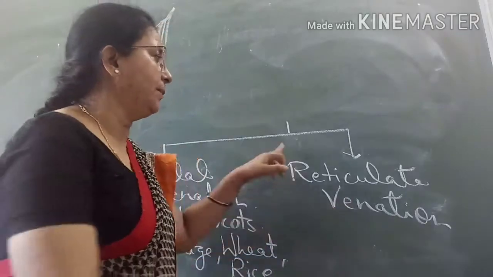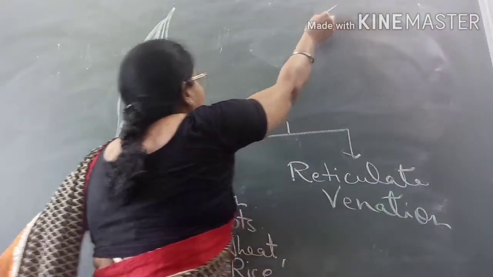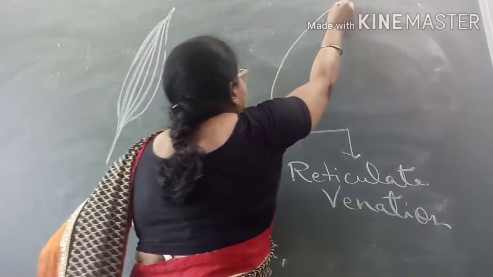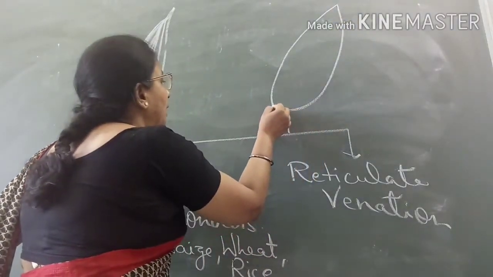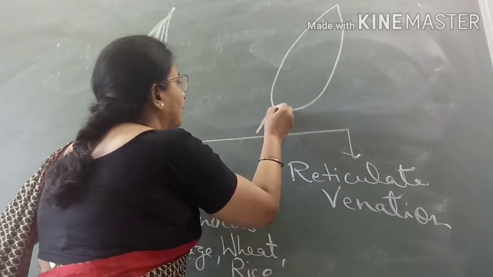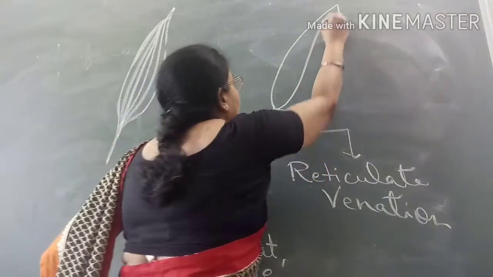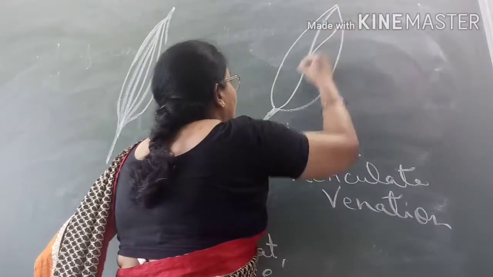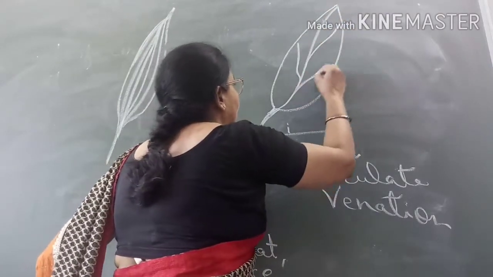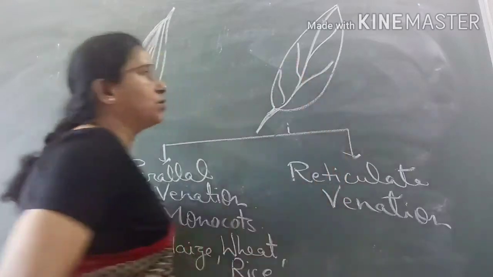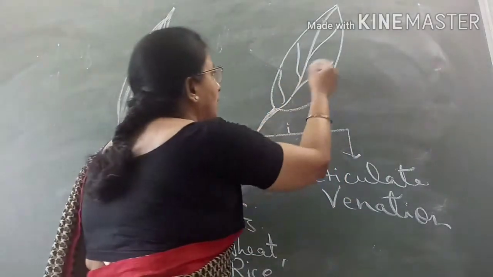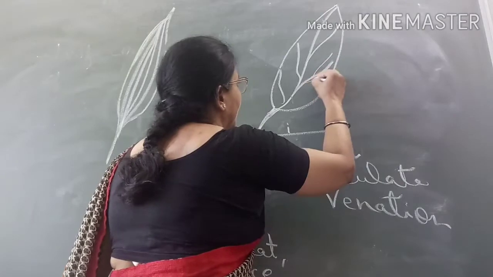When you will see reticulate venation, you will find such type of arrangement of veins. You can easily observe these structures are not parallelly arranged.